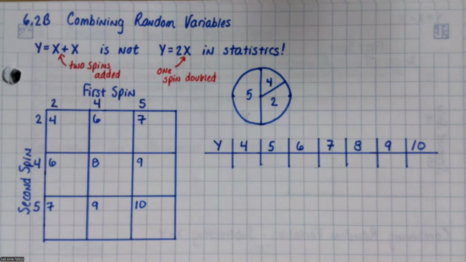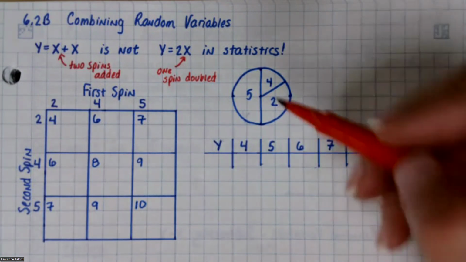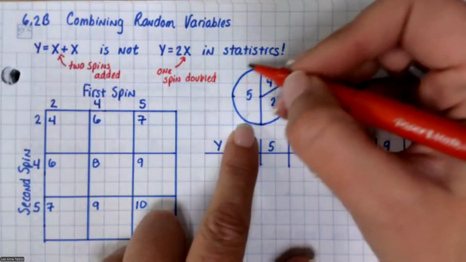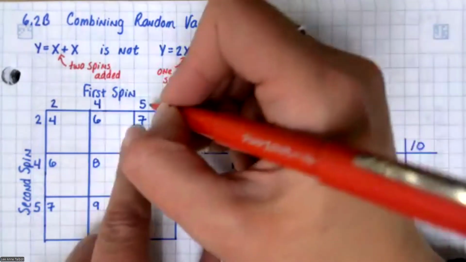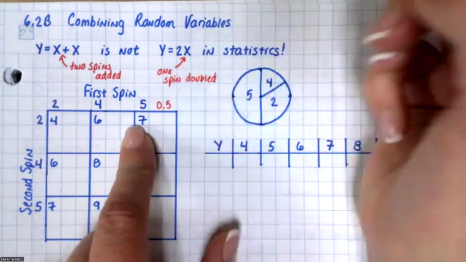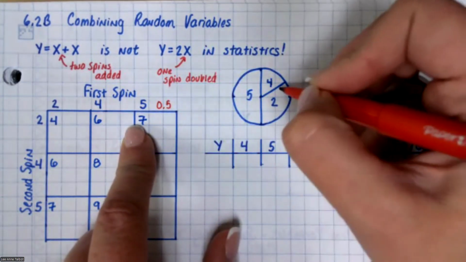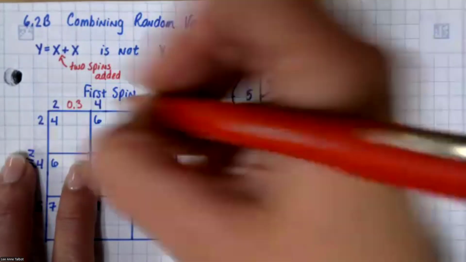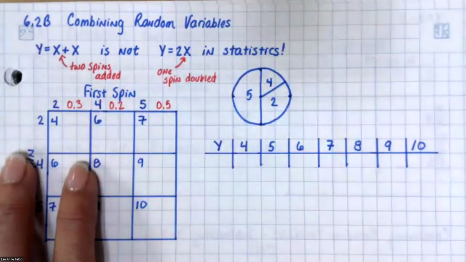Okay, now we're going to calculate probabilities based on this picture here. I don't know if you remember, but the 5 was 50% chance. And the 2 was 30% chance. And the 4 was 20% chance.